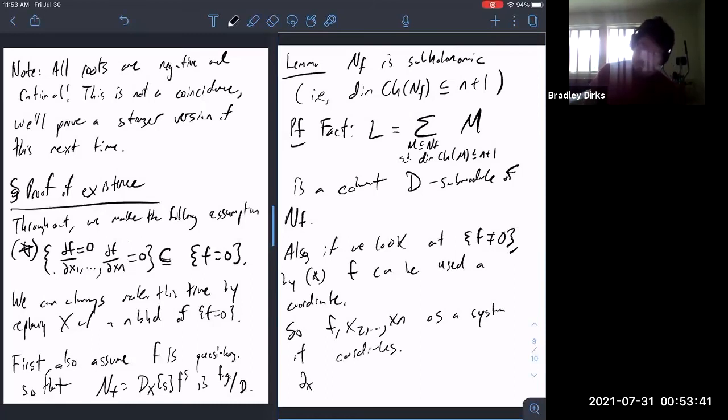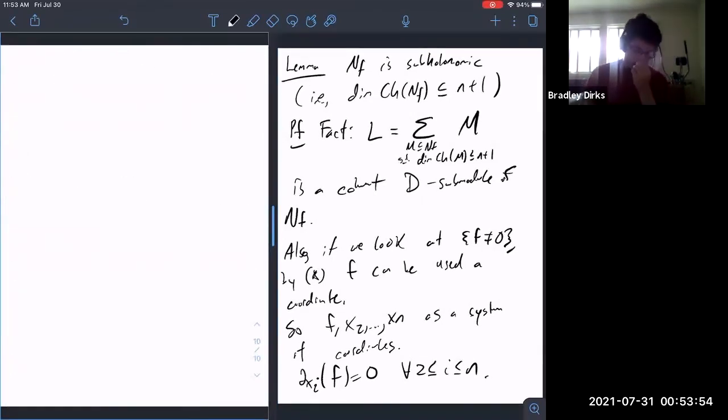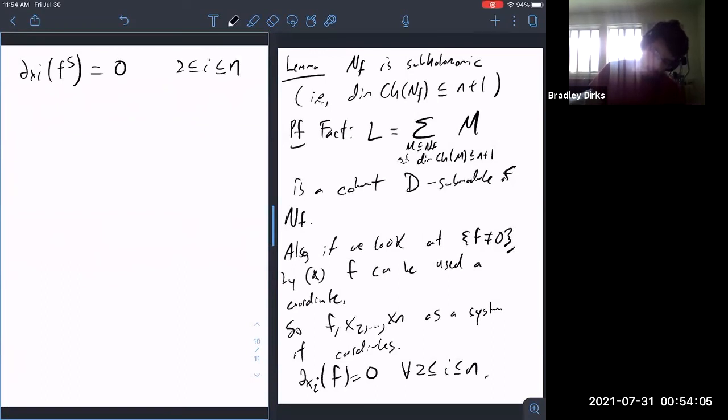So really what I'm saying is there are these other functions such that ∂_{x_i} f equals 0 for all i between 2 and n. But then that also means ∂_{x_i} f^s equals 0 for all i between 2 and n.